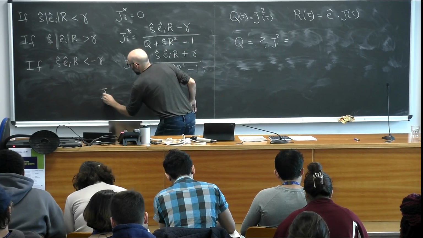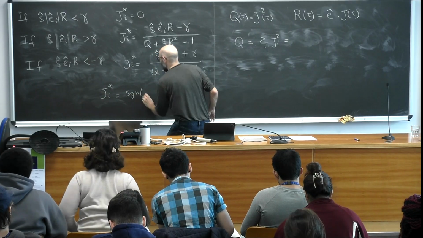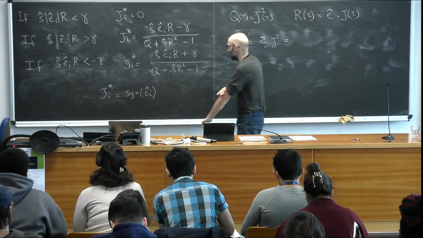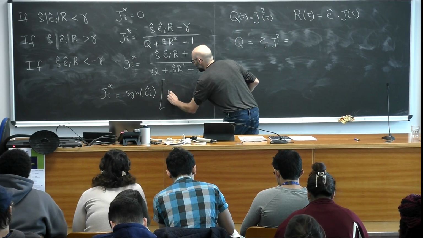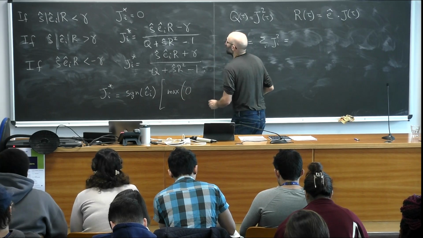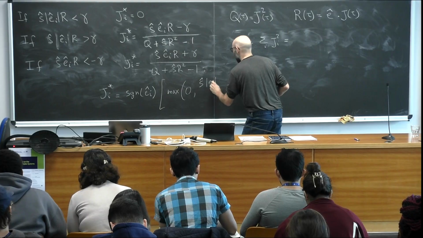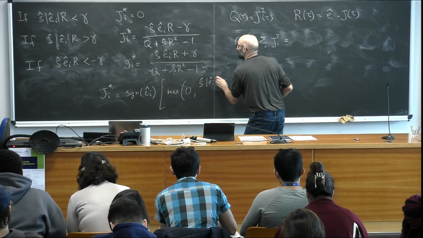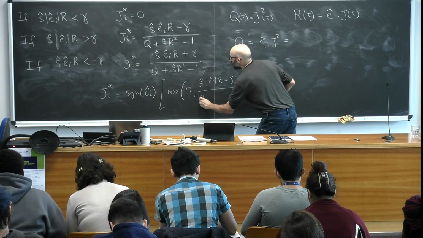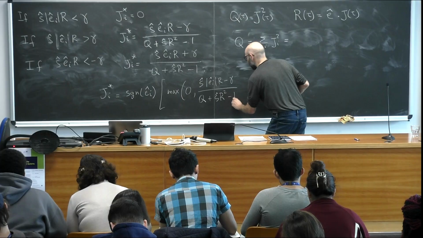You can say that J star_i is the sign of E_i times the maximum between 0 and S hat |E_i| R minus gamma, divided by Q plus S hat R squared minus 1.